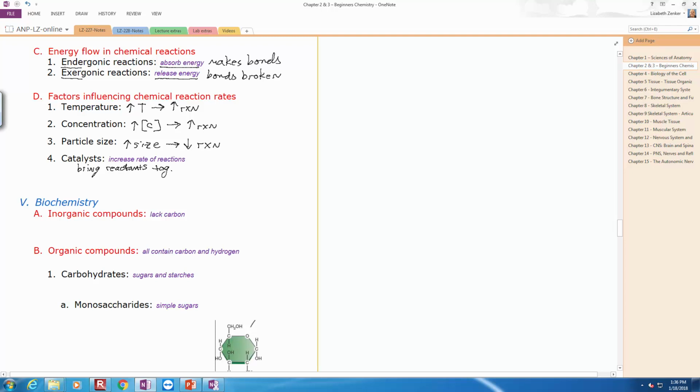They are not changed by the reaction, and I use the triangle for change: not changed by the reaction. What that means is a catalyst is not a reactant and a catalyst is not a product. It's just like a helper buddy. Comes in, helps bring things together, but it's not really part of the reaction. It doesn't get broken down and then become part of the product. It just comes in, helps them come together, goes away, and it gets recycled, so it can do it again and again and again.